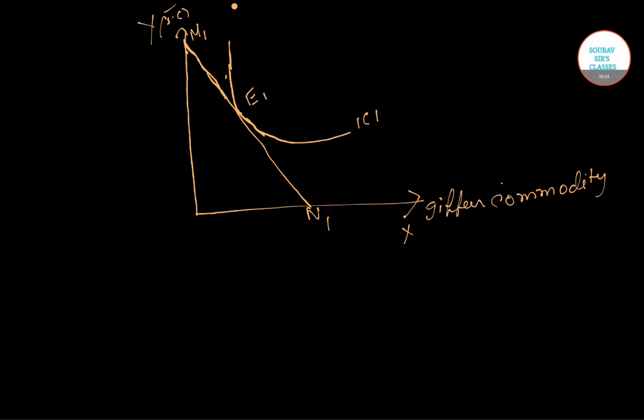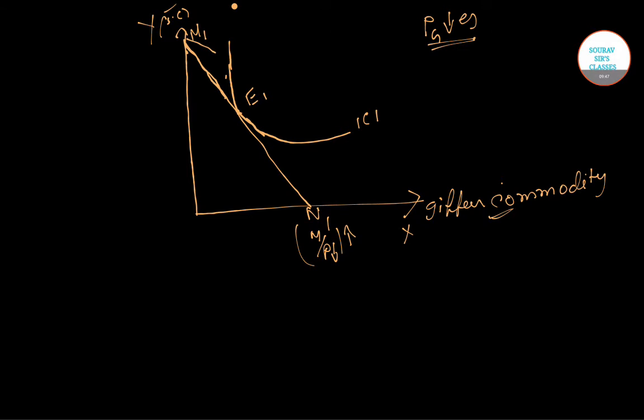So what happens is, assume that the price of the Giffen commodity falls. Say, for example, the price of this commodity, that is, the price of the Giffen commodity, falls. So the budget line shifts outward. As you know, at this point the budget line is M by P. So if price falls, M by P increases.